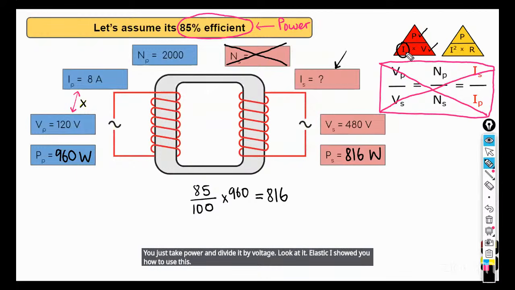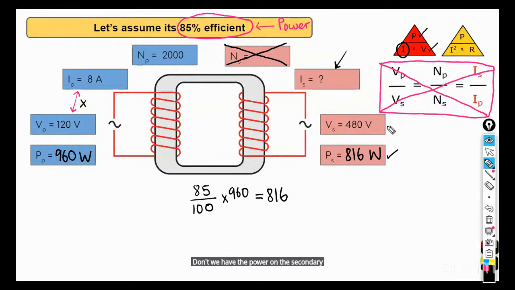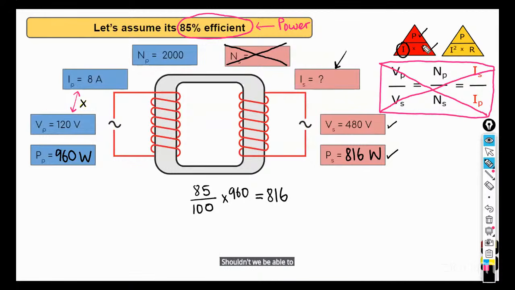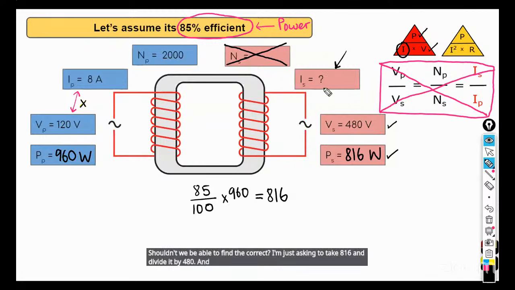If you're trying to find current, the remaining part of the formula says take power. This line means divide. Power divided by voltage. Don't we have the power on the secondary side? Don't we have the voltage on the secondary side? Shouldn't we be able to find the current? I'm just asking you to take 816 and divide it by 480, and that will give you the current on that side.